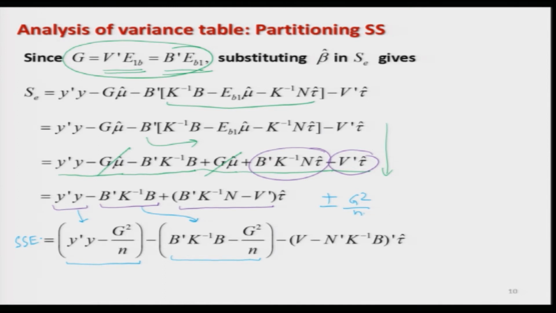So, if you try to see what is really happening here now, this I have written like this. Now, if you try to identify, you have done right from the beginning, you had written TSS is equal to SS block plus SS treatment plus SS error.